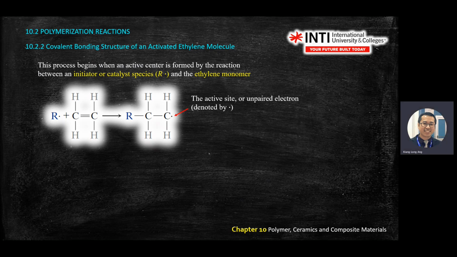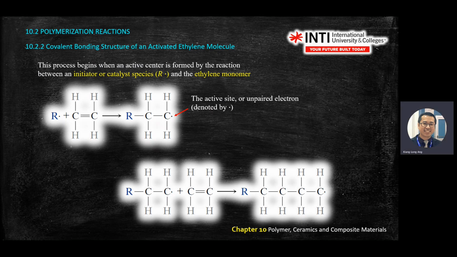So when it opens up, you share with one, and then there's still one more free, we call it free side or unpaired electron on the other side of the carbon. Then this free side is going to grab another hydrocarbon, like for example, this one.